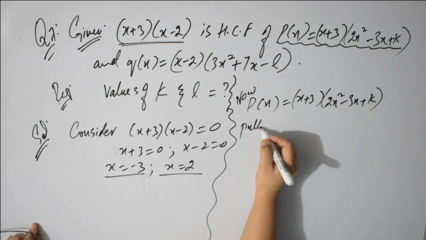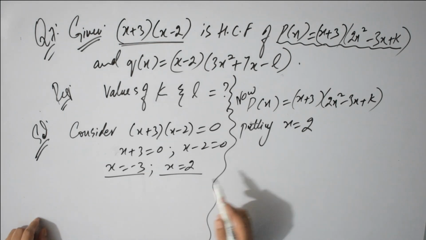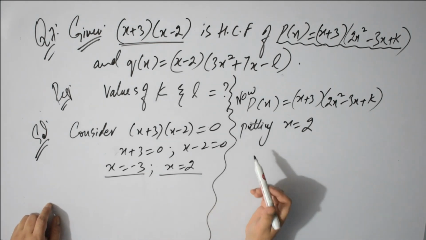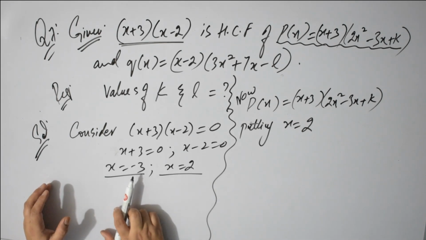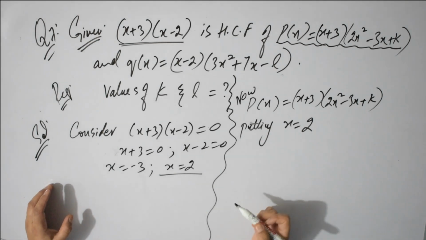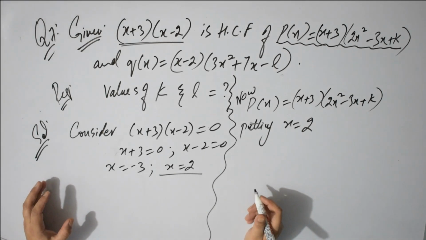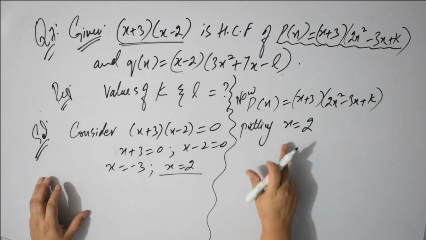Now putting x is equal to 2. You will directly put x is equal to 2. The previous steps I explained just to tell you why I am not putting x is equal to minus 3: because the answer will be 0 and I cannot get the value of k. That is why I am putting x is equal to 2.